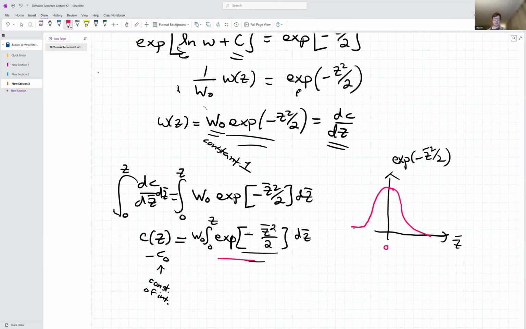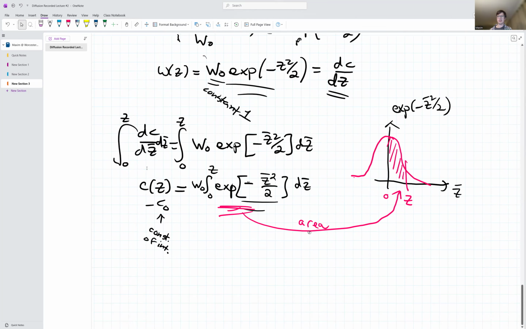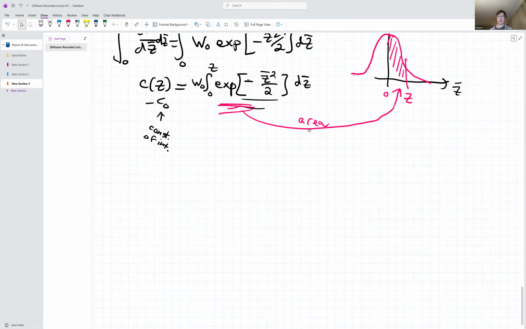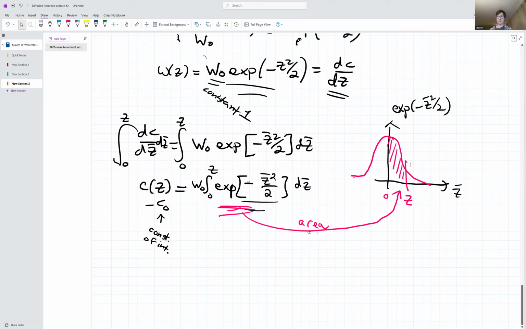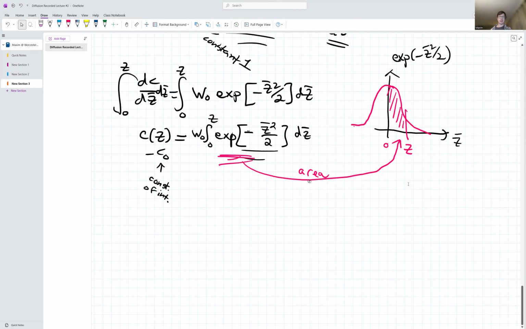And what this function is, is the area under this curve up to a certain value z. It has a special name. It's something called the error function. So if you take a Gaussian and look at the area under the Gaussian up to a certain value on one side, you get something called the error function.